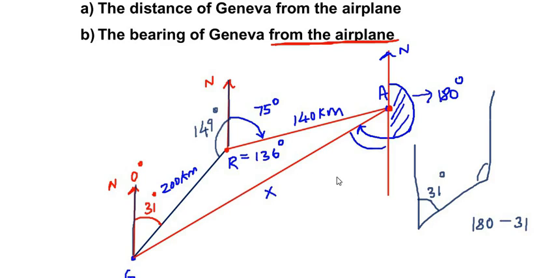Now one of the techniques which we can use here is, we can see that this north line and the line GA and this straight line make a Z angle or an alternating angle.